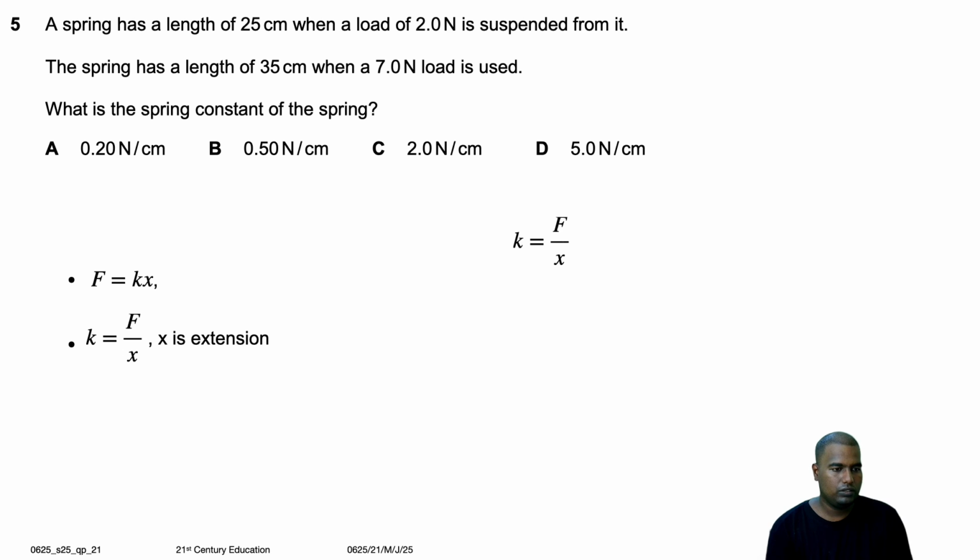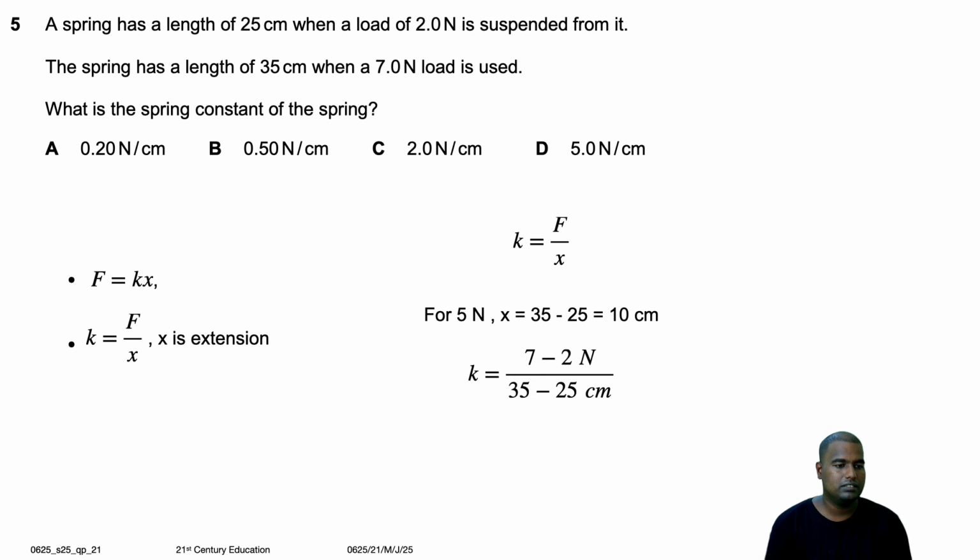So we'll use the same equation, k equals F by x. 7 Newton and 2 Newton is given, 35 centimeter and 25 centimeter is given, so we can subtract. For 5 Newton, extension is 10 centimeter. So it will be 5 by 10 centimeter, which is 0.5 Newton per centimeter.